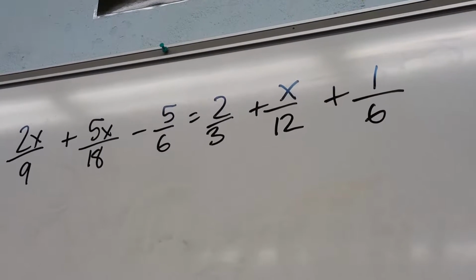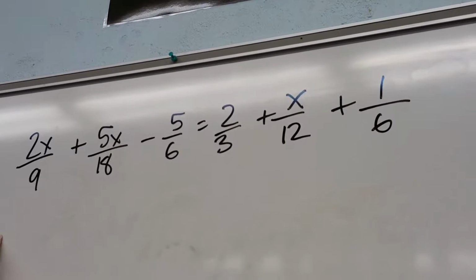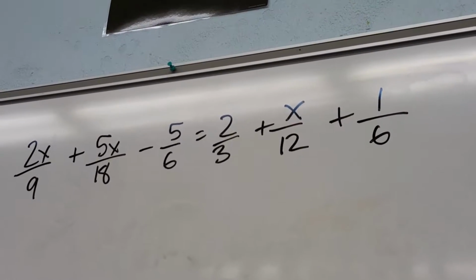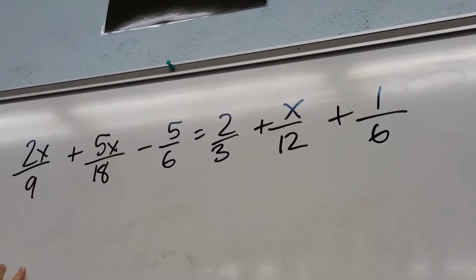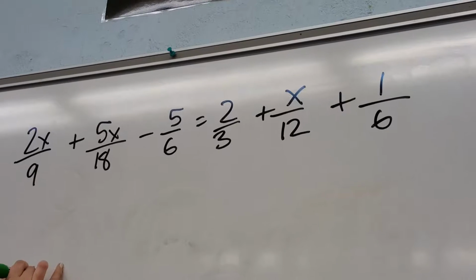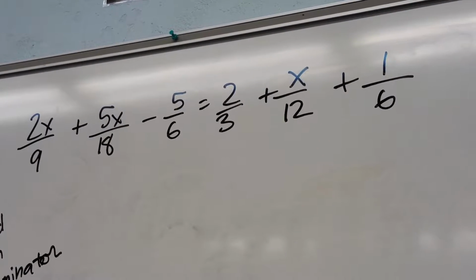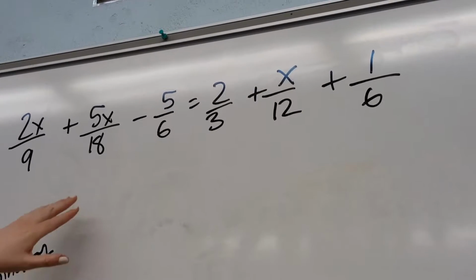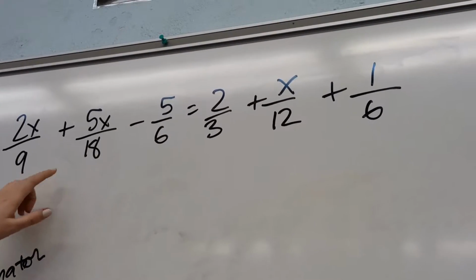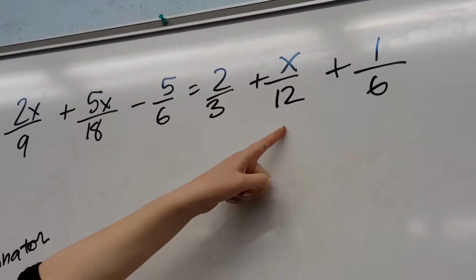In order to clear out the fractions, you're going to find a common denominator. So that will be something that all of these will divide evenly into. And at first you might think, okay, well maybe 18 because 9 and 6 and 3 will go into it, but then this 12 messes that up.